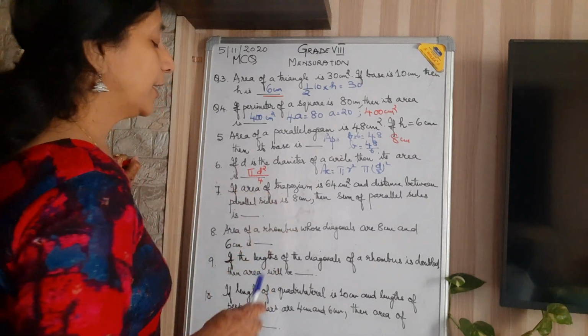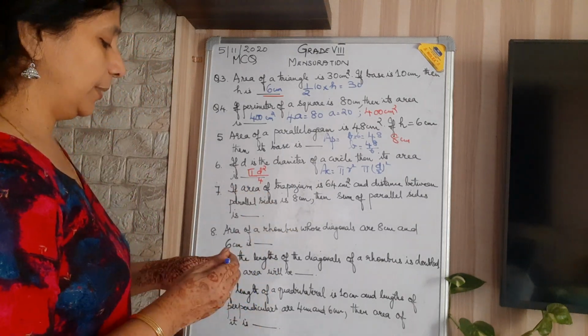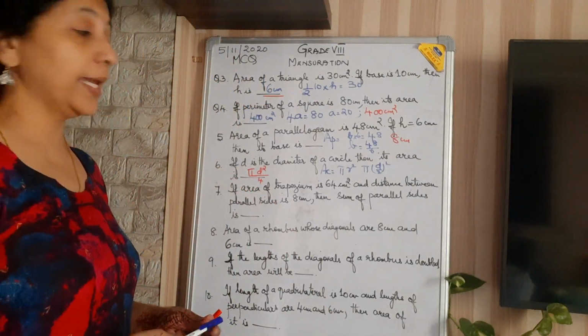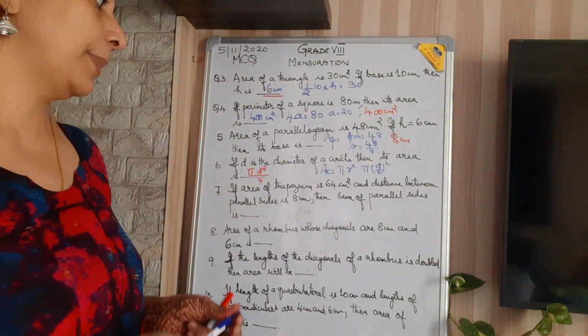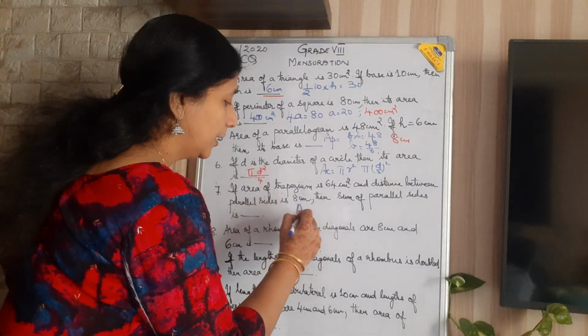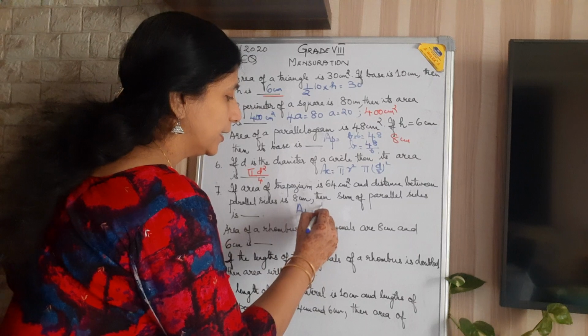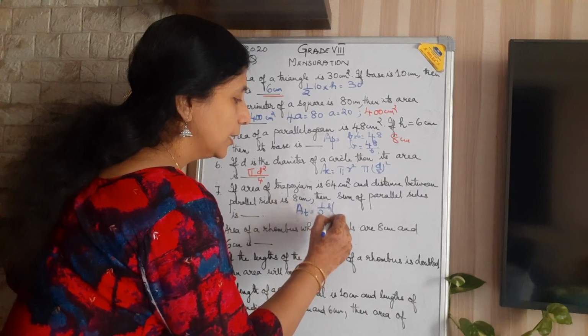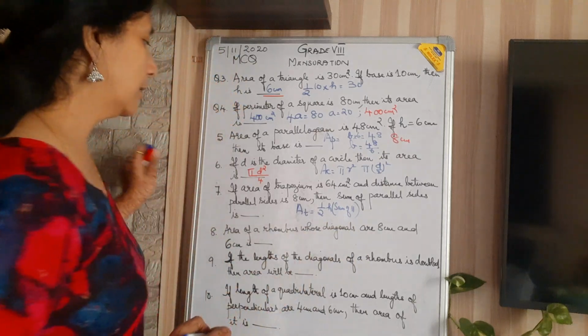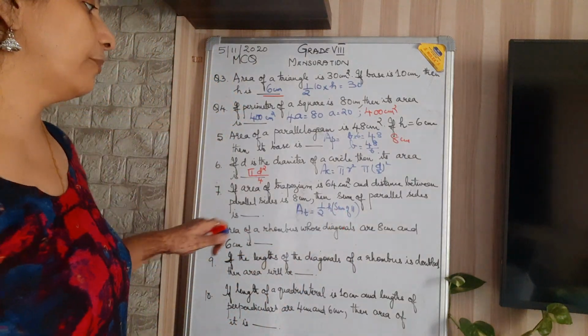If the area of a trapezium is 64 centimeter square and the distance between the parallel sides is 8 centimeter, then find the sum of the parallel sides. What is the formula for the area of a trapezium? Area of a trapezium is half h into the sum of parallel sides. You have to find the sum of parallel sides.